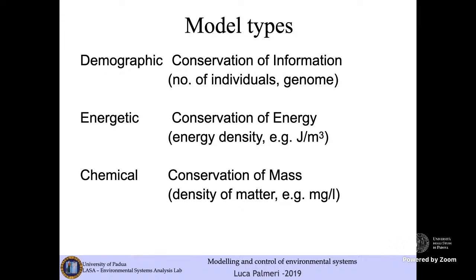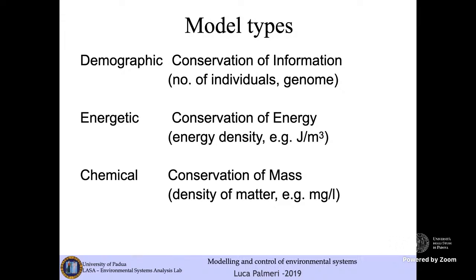Typically, the environmental engineer is already comfortable with chemical models in which, for example, you may represent a state variable in terms of milligrams of nitrogen in the form of nitrate per liter. This is the typical currency describing a conservation of mass chemical model.